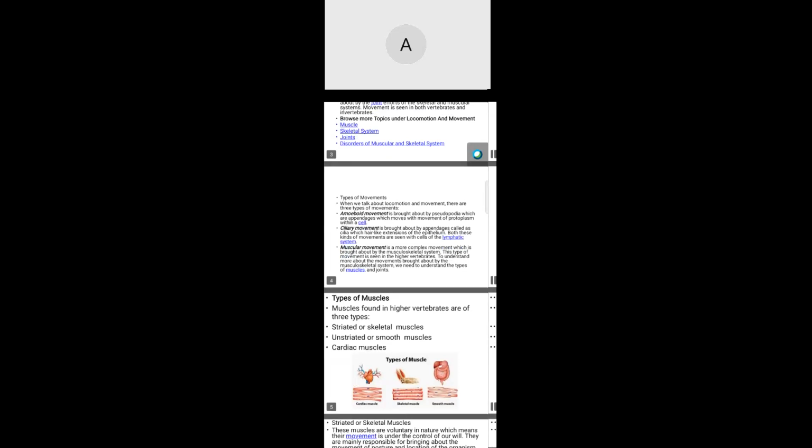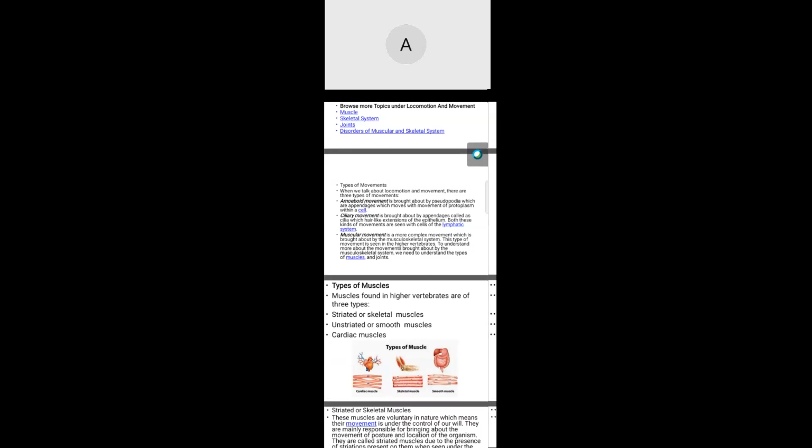Ciliary movement is brought about by appendages such as cilia, which are hair-like extensions of the epithelium. Both these kinds of movement are seen with cells of the lymphatic system. Muscular movement is a more complex movement which is brought about by the musculoskeletal system.